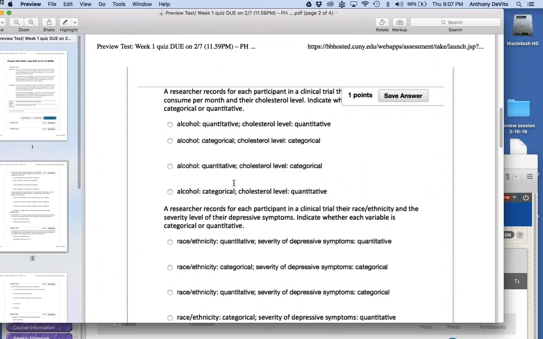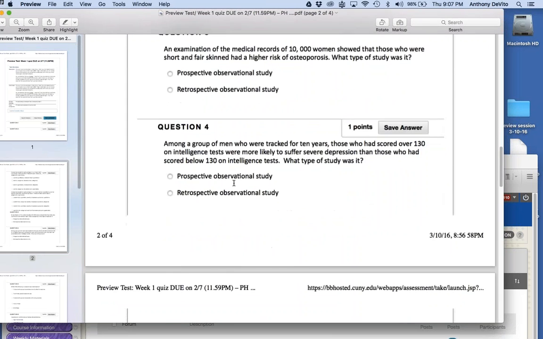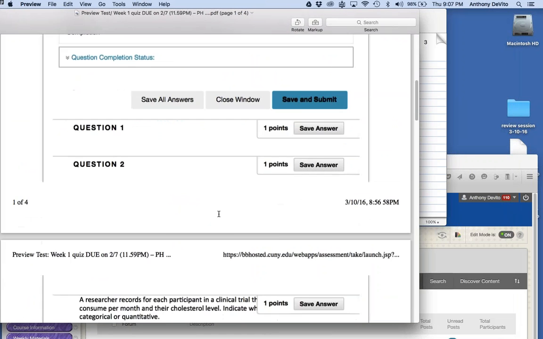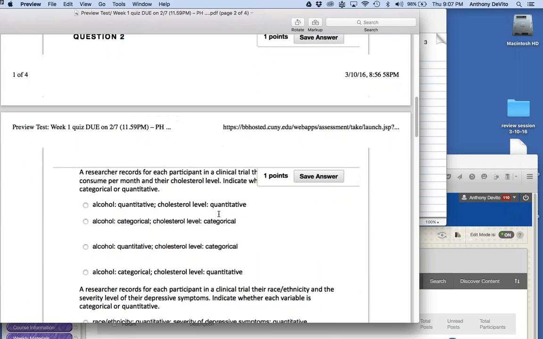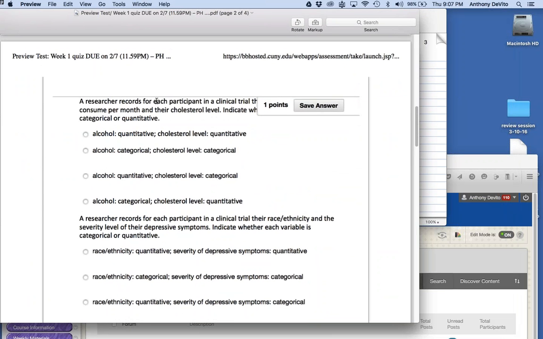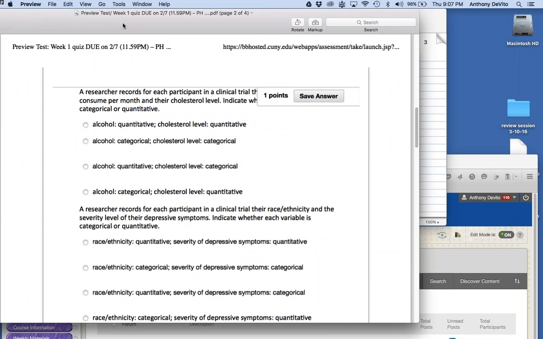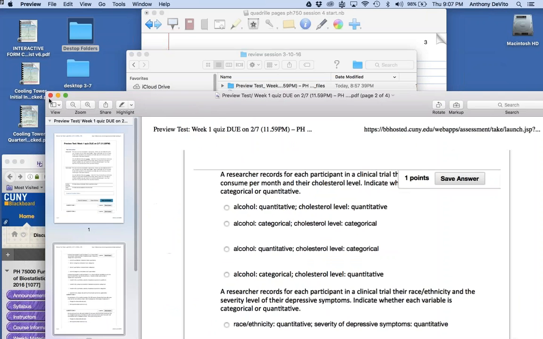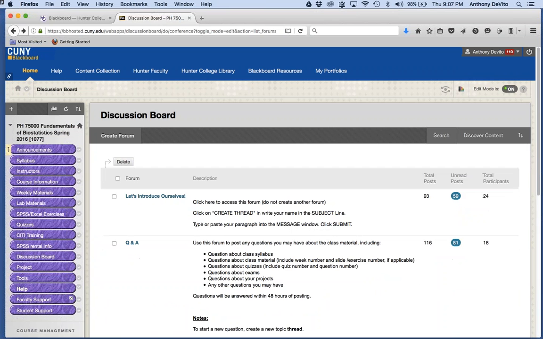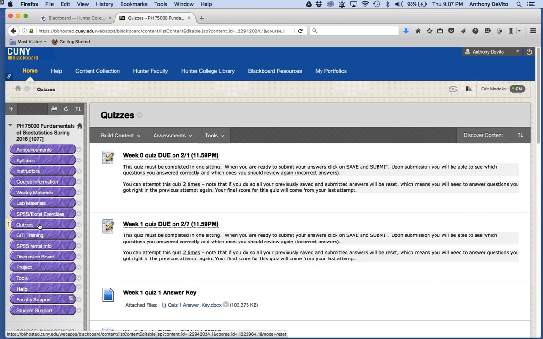Okay, question number 1. Let's see, I already went past it. Did it print properly? I might actually have to open this up. A researcher records for each participant in the clinical trial. This is not displaying properly. It doesn't like to create PDFs very well. I'm going to go right back to the actual quiz itself so we can see this a little bit more clearly.